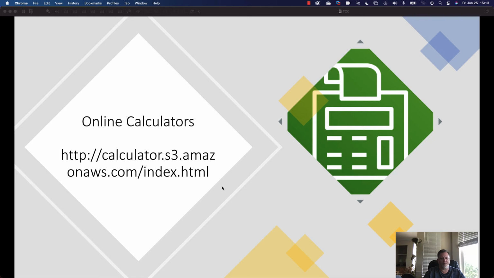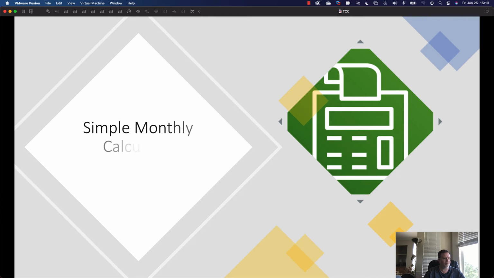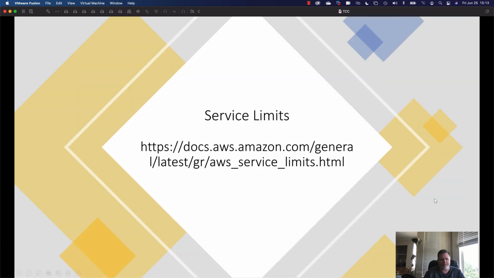So that's the simple monthly calculator. Once again, it gives you the total at the top, which is a little counterintuitive. Yeah, I pretty much went over that.